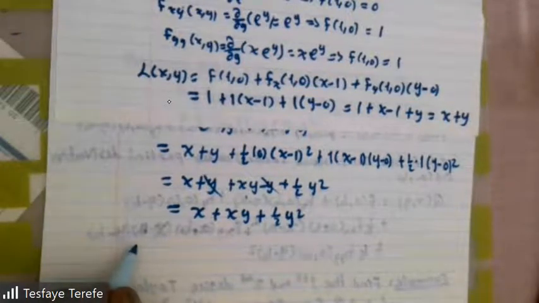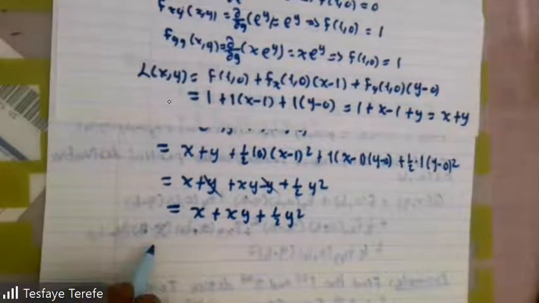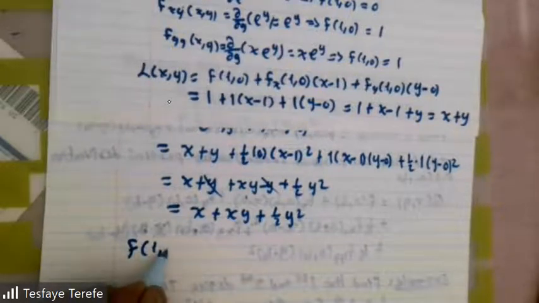So now what we have to do is evaluate f of (0.9, 0.1).